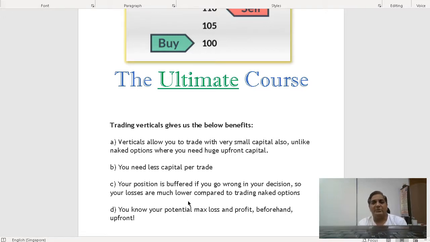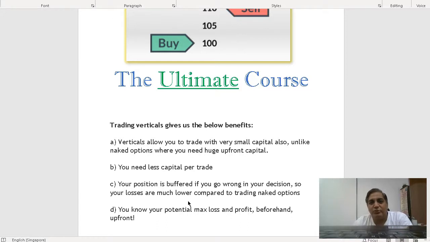With $10,000, using verticals, you can take 5 to 6 trades, whereas with naked calls or puts, you can just take 2 trades. When you take more trades, you spread out your risk across multiple companies and multiple trades. So that's the other advantage of trading verticals. Once you learn verticals, you will never do naked calls and puts.